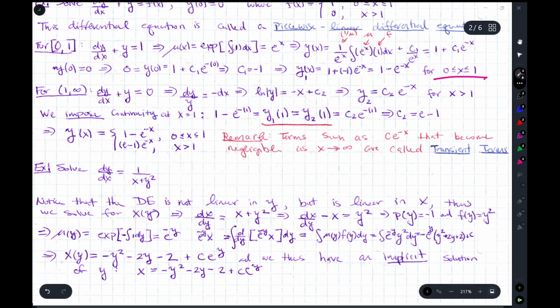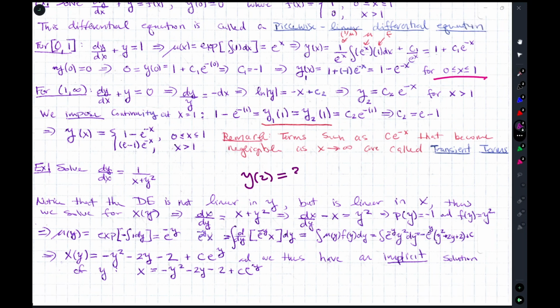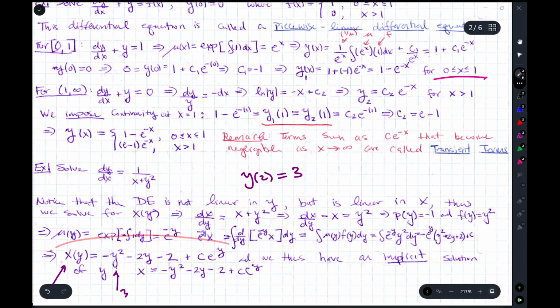So for example, if we had y of 2 equals 3, we'd have to be careful to set this to 3 and this to 2. So it's just kind of thinking backwards, because we took the reciprocal and started solving for x. This can't be inverted for y, but we do have an implicit solution to this differential equation. Okay, this is an implicit solution.